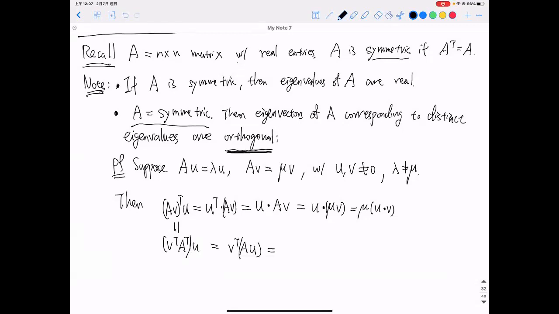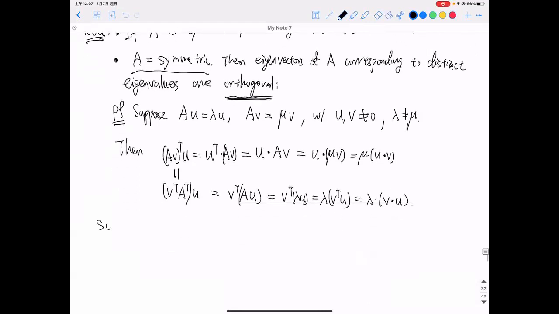Now AU is lambda U, so this is V transpose lambda U. That's lambda V transpose U. That's the same as lambda times U dot V, or should I say V dot U. Okay, so what this sequence of equalities tells you is that lambda times U dot V is equal to mu times U dot V. So what this means is that lambda minus mu times U dot V is 0.